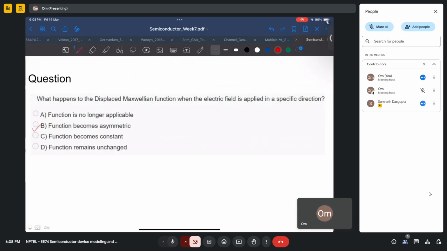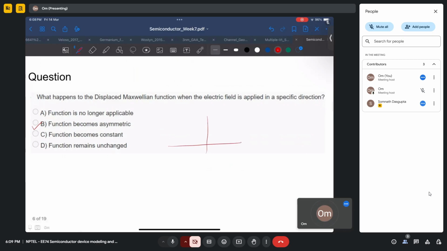So in equilibrium, if your distribution function is something like this, with electric field the distribution shifts its peak such that you get some net current.